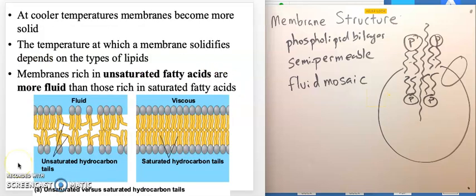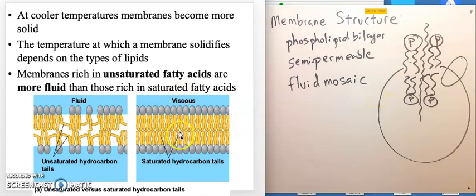How fluid and how permeable the membrane is is influenced by what kinds of fatty acids are present in the phospholipid tails. If you have saturated fatty acids, those tails are pretty much straight and linear, and the phospholipids can pack close together and form a more solid, less permeable, more viscous membrane.